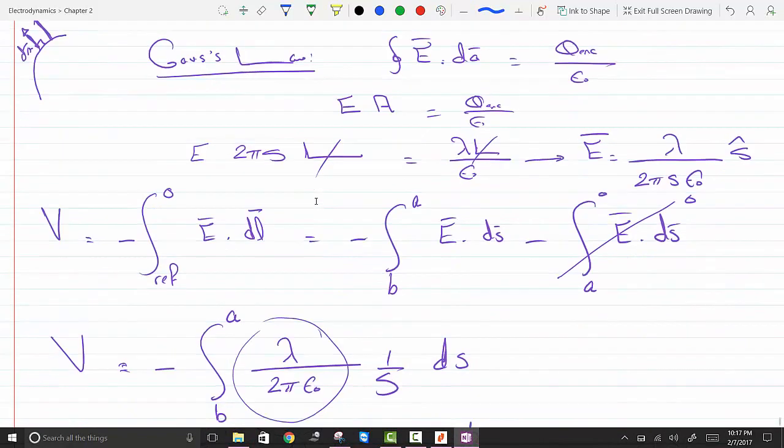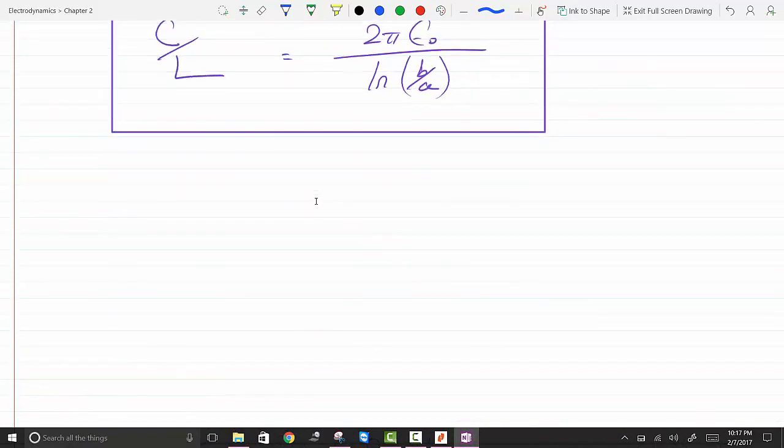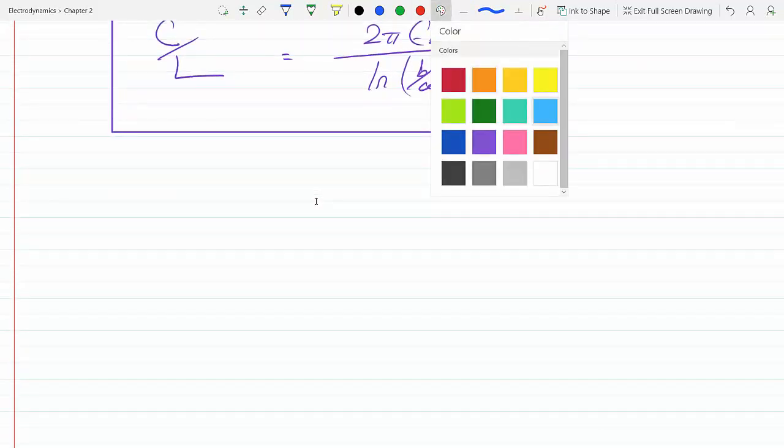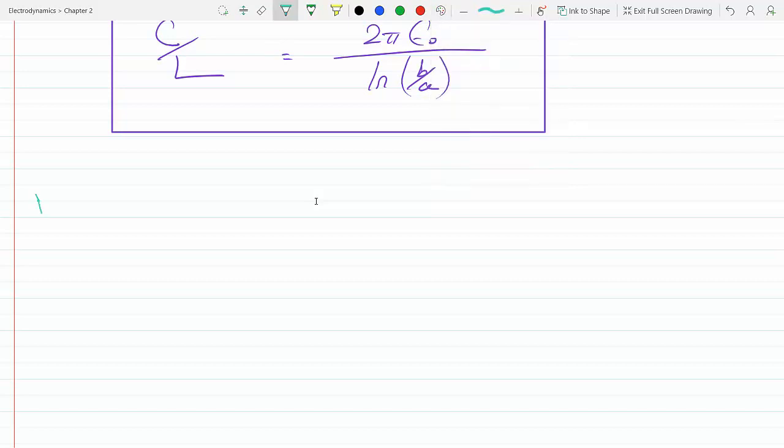In other words, if you were to take the energy density, which is epsilon over 2 the magnitude of E squared, this is how much energy you have per unit volume. And if you actually integrate this over the volume d tau, you would get the work or the energy.